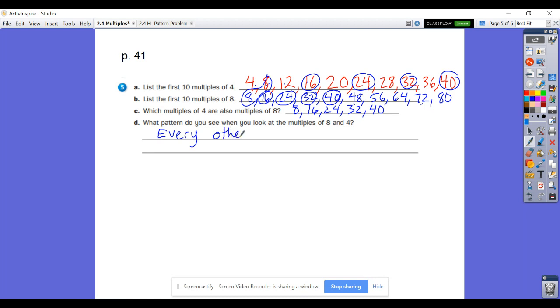Every other multiple of 4 is a multiple of 8. And that's not the only right answer you could put there. Maybe you spot a different pattern, right? But that was just one that jumped out to me after that question.